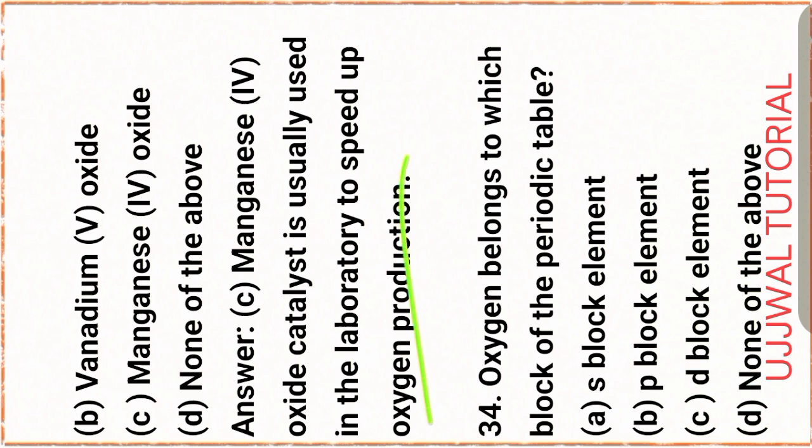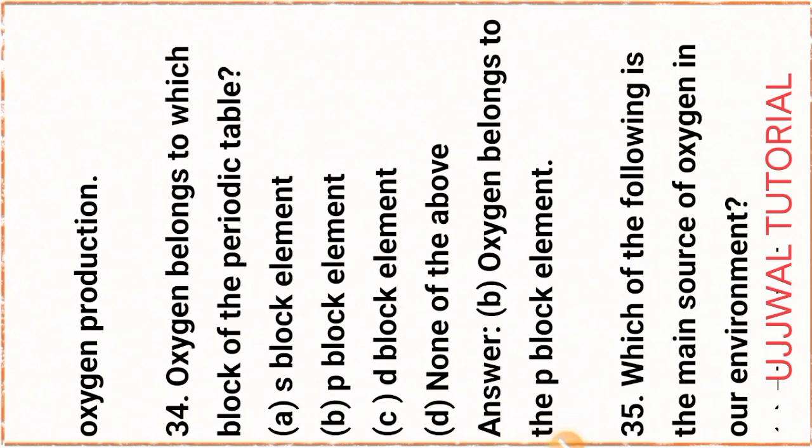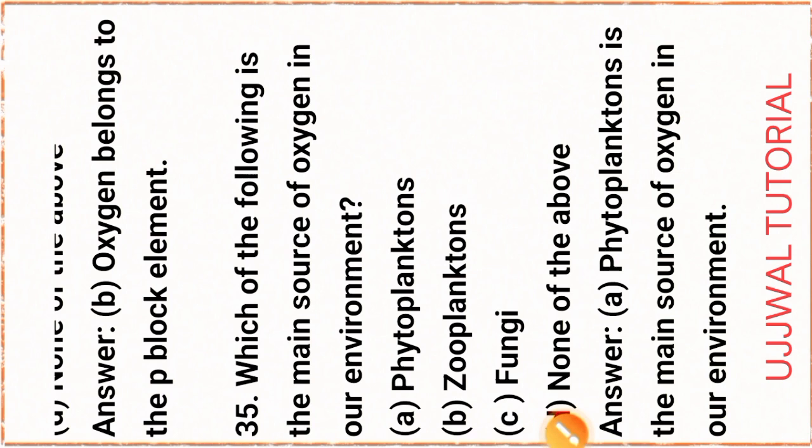Next question, question number 34. Oxygen belongs to which block of the periodic table? Option B, p block element, also called the chalcogen family, also oxygen family. Oxygen belongs to p block element. Question number 35.